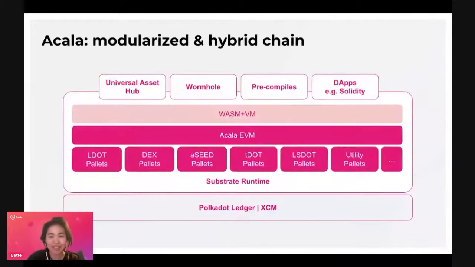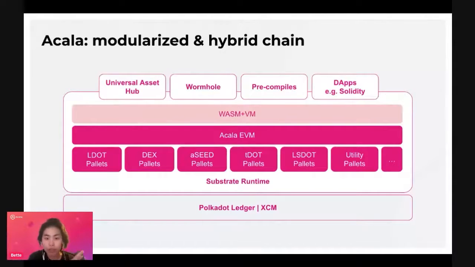So let's get started. Just a little bit of a recap of what we are trying to build at Acala. We're building the liquidity layer for Web3, and how are we achieving that? There's the technical side, and there's also the commercial or go-to-market side of it.